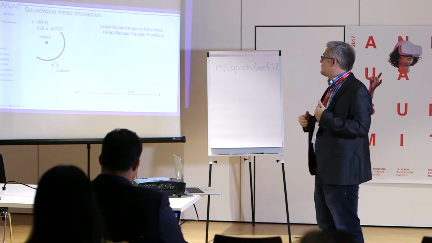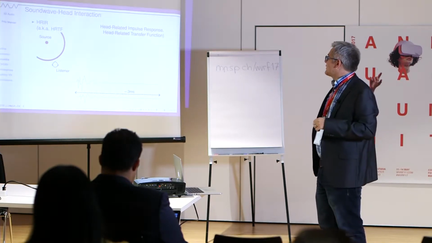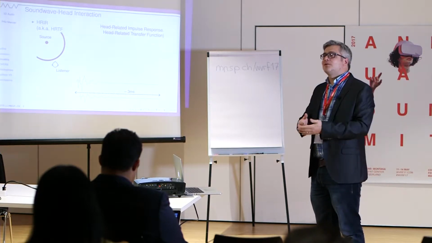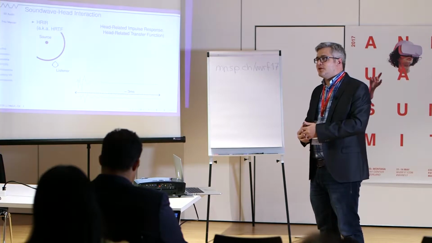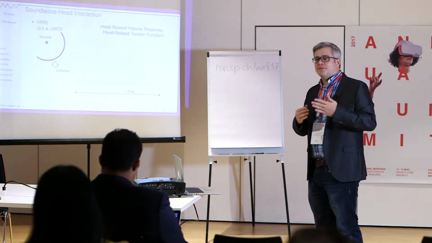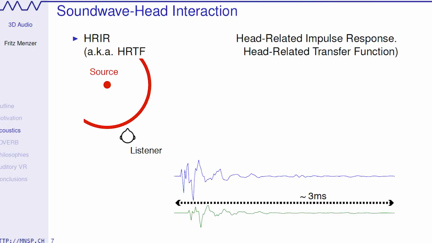The signal that you get is shown there on the screen, about 3 seconds long, and it contains all the information that is due to the interaction between that sound wave and the head of the listener. And it looks like not much, to be honest. It's a pretty simple signal, if you like.